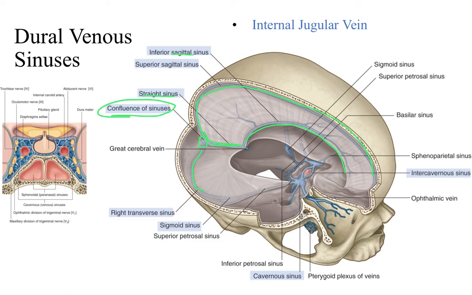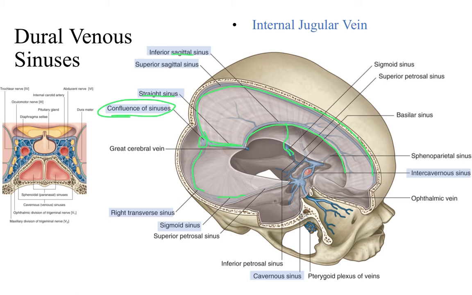And notice that's running along the tentorium cerebelli. And then we have our sigmoid sinus, which is this S-shaped sinus running along the base of the skull. And you can see that other one down here, sigmoid sinus, has kind of a curvy shape to it.